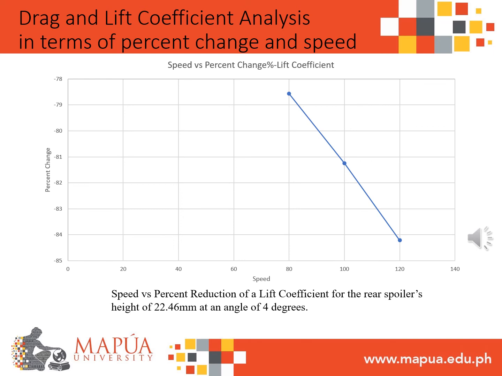Looking at the chart, we can see that the percent change is increasing in the negative direction as we go from 80 kph to 120 kph. This means that the effect of the rear spoiler in decreasing the lift coefficient of the car gets more significant as the speed increases.